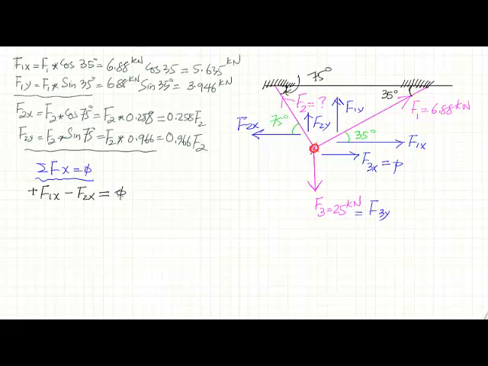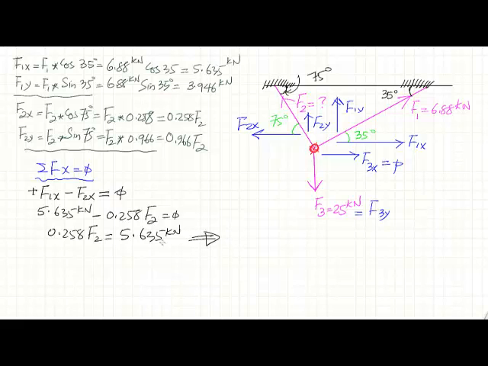The value for f1x is equal to 5.635 kilonewton, and f2x is equal to 0.258 f2, so 5.635 minus 0.258 f2 is equal to 0. Isolating f2, 0.258 f2 is equal to 5.635 kilonewton.